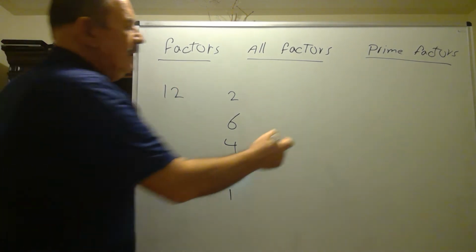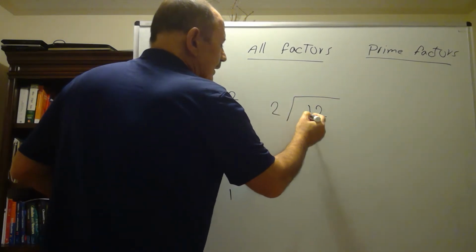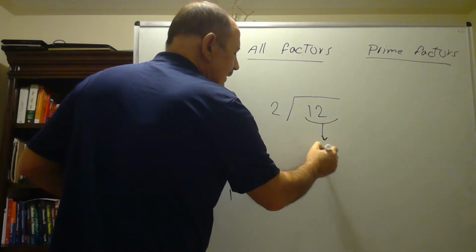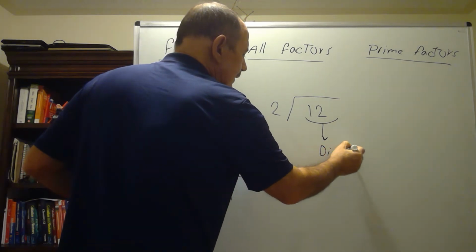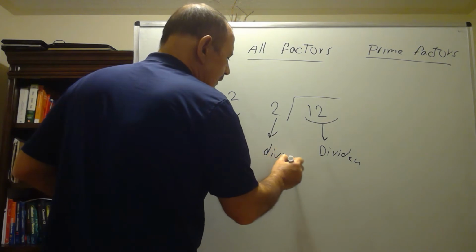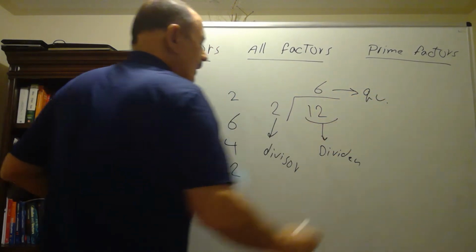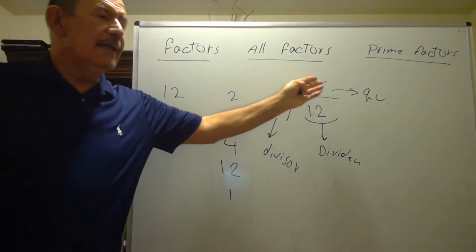Do you remember, if I divide 12 by 2, the name of this 12 is dividend, and this 2 is the divisor, and the answer is 6. This one is the quotient. Dividend, divisor, and quotient.